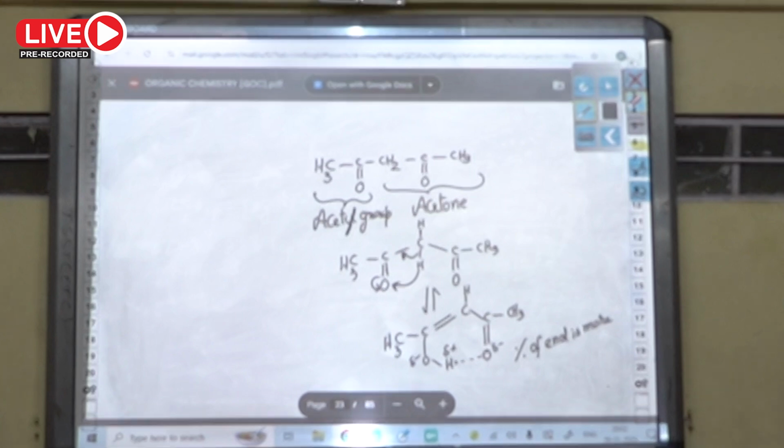So stereo or space isomerism is divided into 2 types, conformational and configurational. Write the first heading, conformational isomerism.